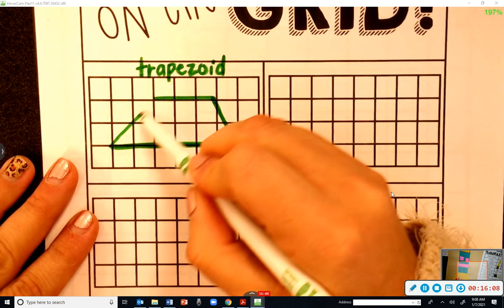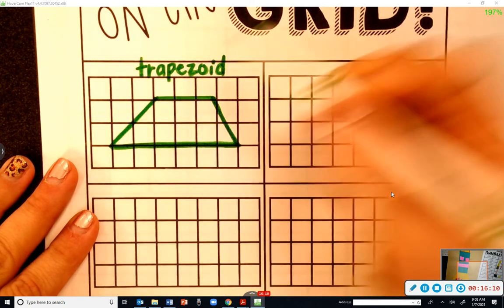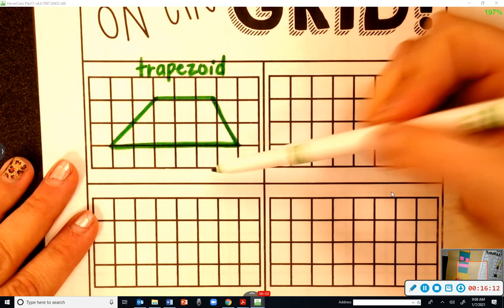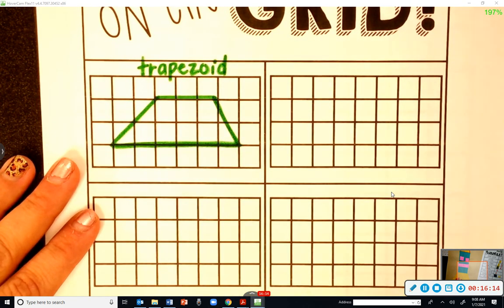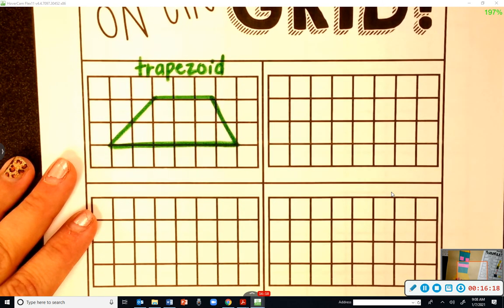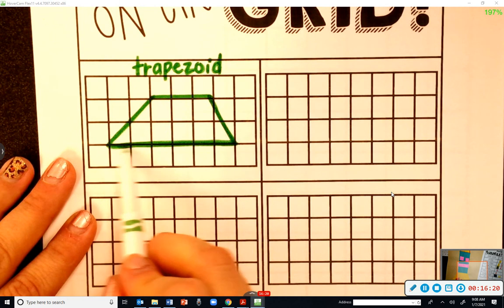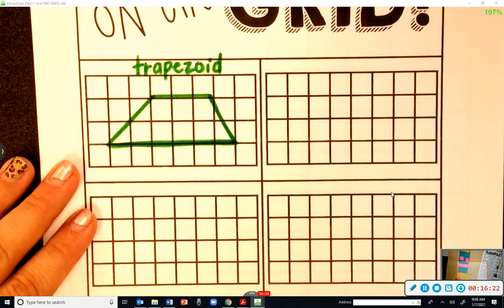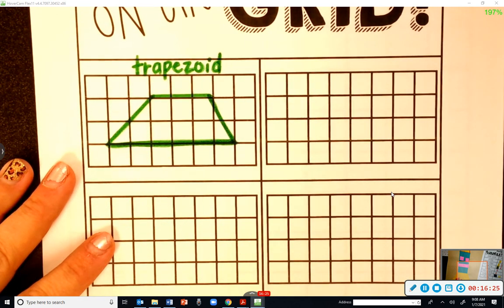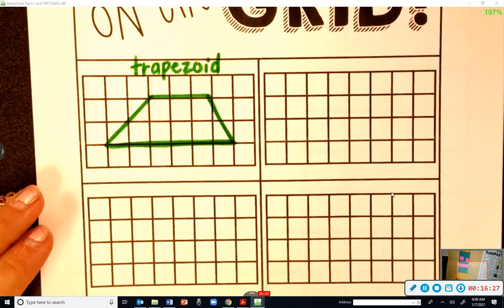So, I created a shape with one pair of sides that are parallel, the top and the bottom. Okay? Use these lines to help you draw. That's going to help you make it straight and equal when the sides need to be equal.